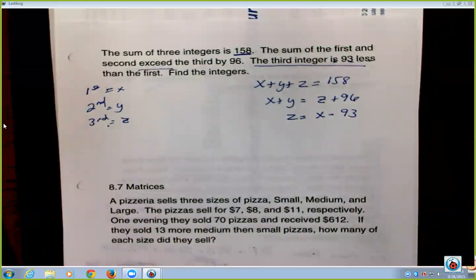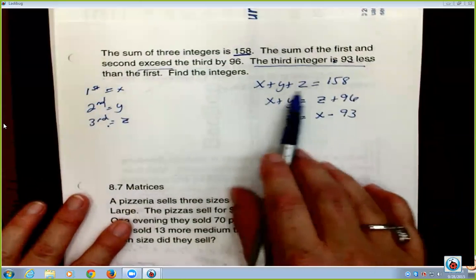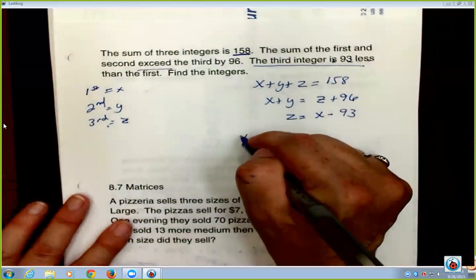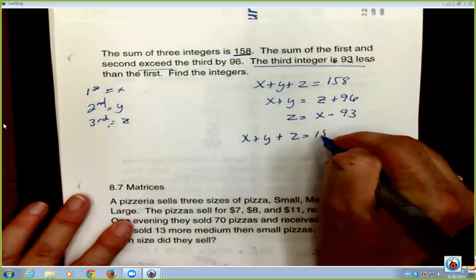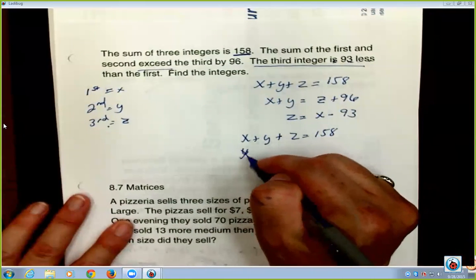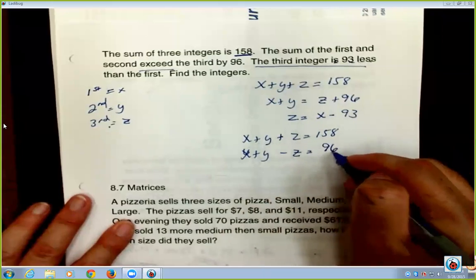But in this case, not all of these are in the correct form in which we can put them on our calculator. This one is okay. This one I need to move z over. So my new set is going to be x plus y plus z equals 158. Move the z over, so it's x plus y minus z equals 96.